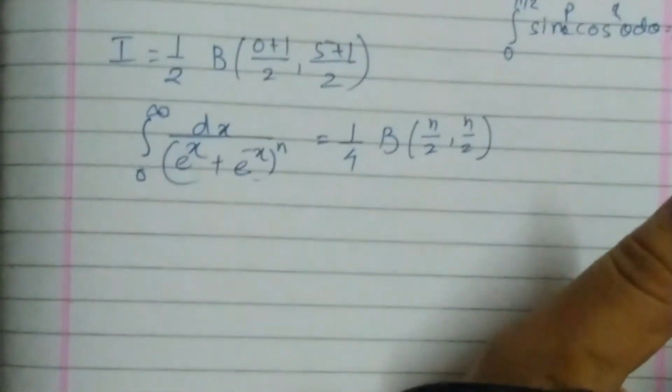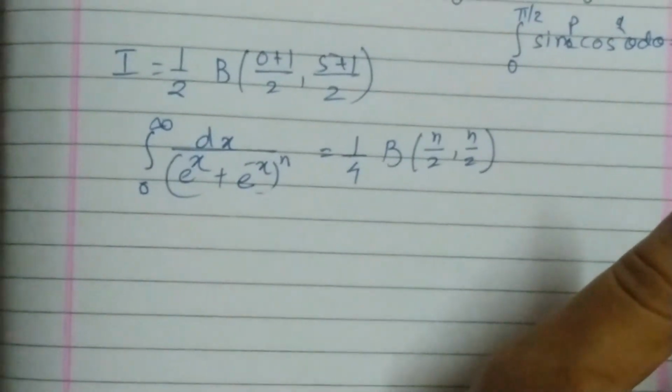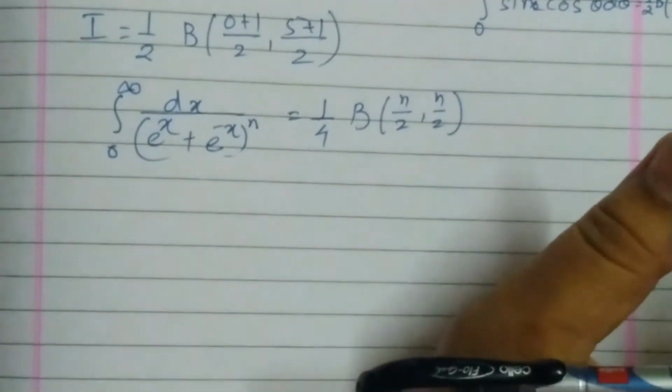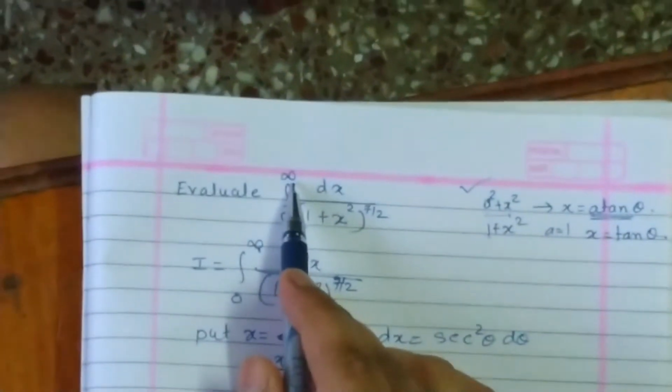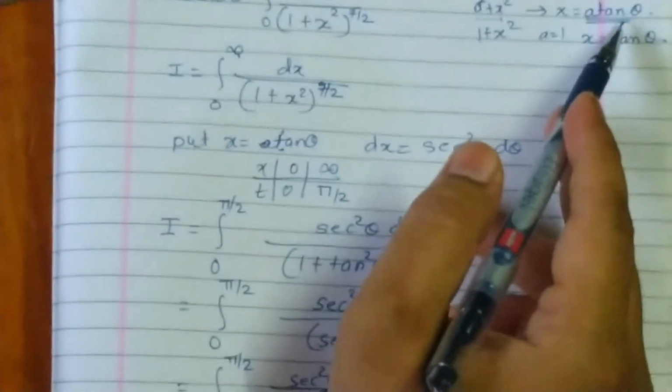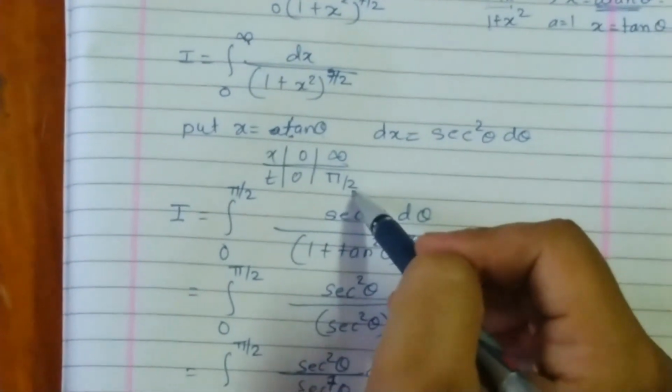Now what are the possibilities that I can perform here? What kind of substitution can we make? As the upper limit is infinity, I'll make a substitution of tan theta, because of which I'm getting pi by 2.